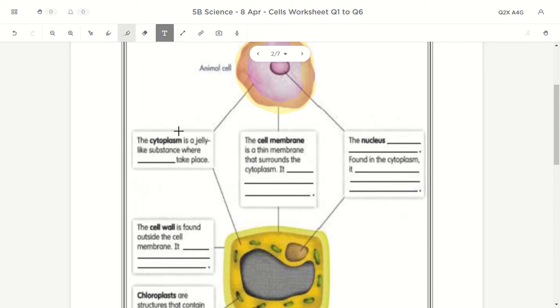Okay, cytoplasm is a jelly-like substance where activities take place. The cell is doing activities within itself. What kind of activities? It can be like respiration, making energy from oxygen.